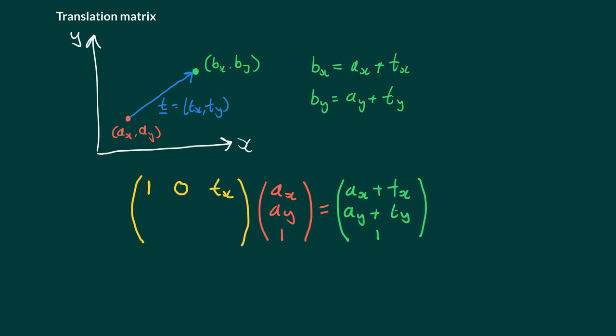Now looking at the by coordinate, I've got 0 ax, so here we don't have ax, we just have an ay. So I'm going to have 0 times ax, my 1 times my ay, and ty times the 1.